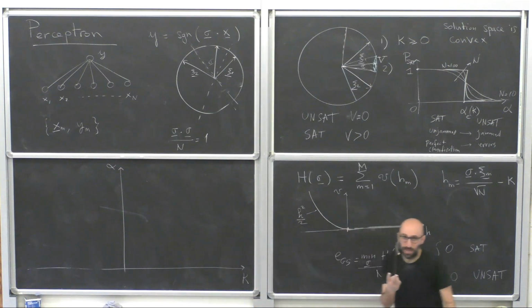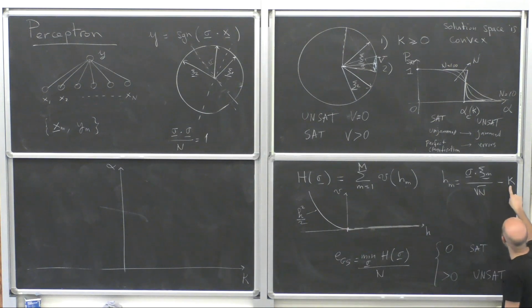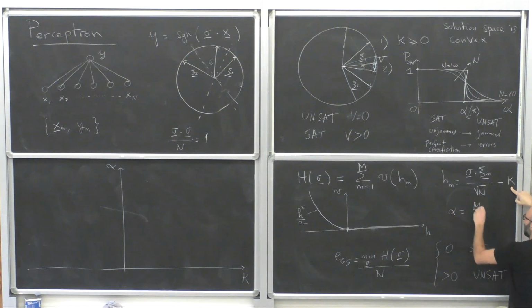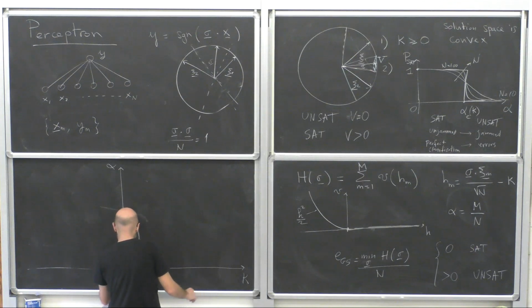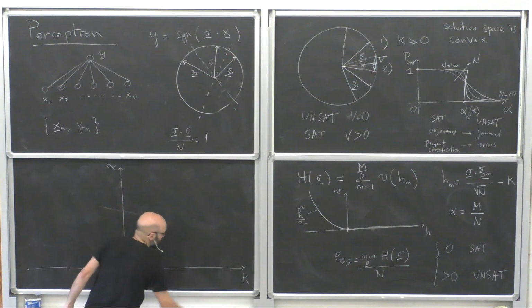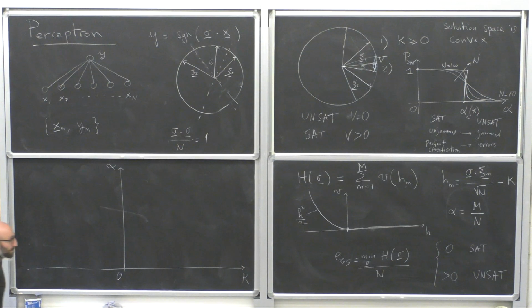There are two control parameters here. There is kappa, the parameter that is here. There is alpha, the fraction m divided by n. And then there is temperature, but we want to send temperature to 0. So this is the phase diagram in the plane of alpha and kappa at 0 temperature.